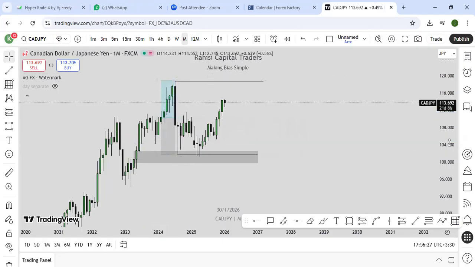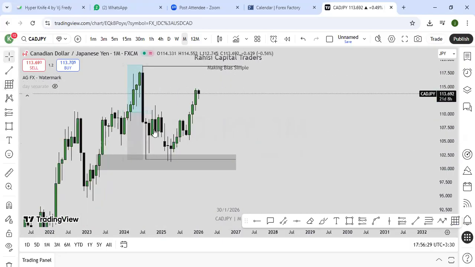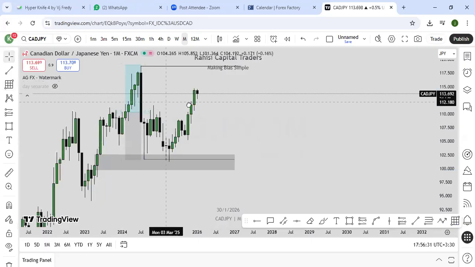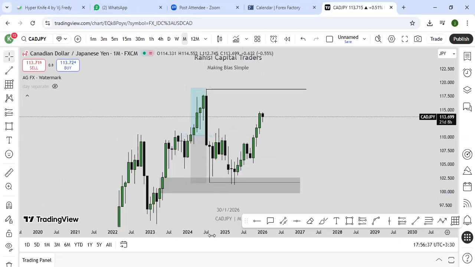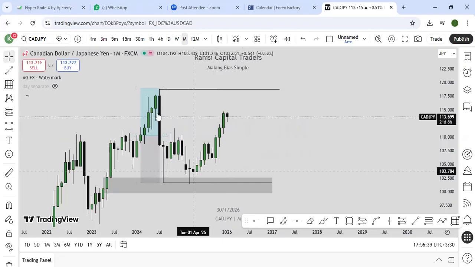When we are above 0.5, our appetite for buying reduces a bit, but still we have to buy until we reach here. So what do we need to know? We need to know anything which is on our sell side of the curve, because this is the sell side curve, this is the buy side.